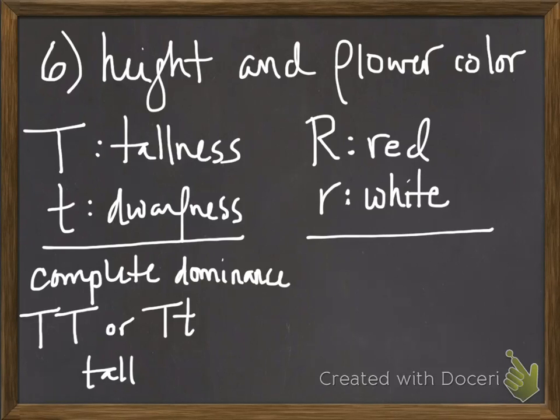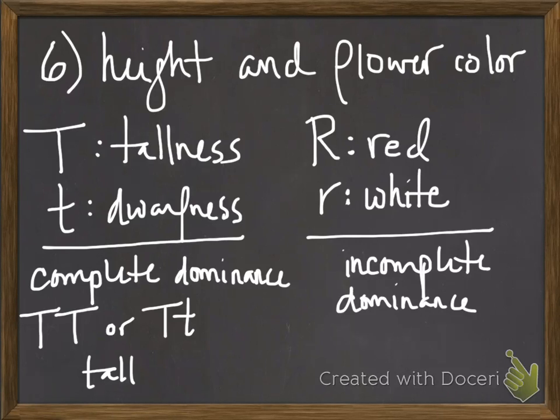You're told in the problem, though, that the alleles for flower color exhibit a different type of relationship. The big R is incompletely dominant to the little r. That means if a plant is heterozygous, or big R, little r, it'll have flowers that are pink, a color that's intermediate between red and white.